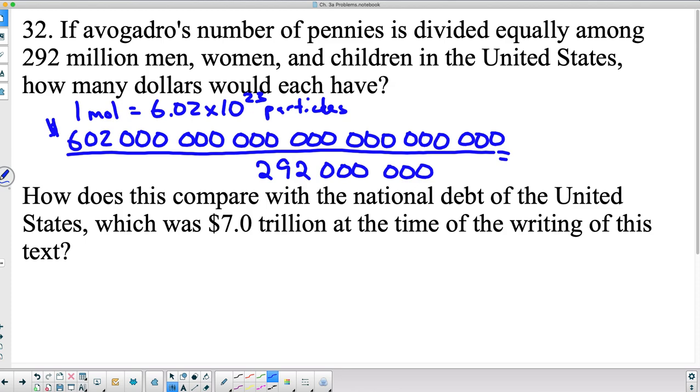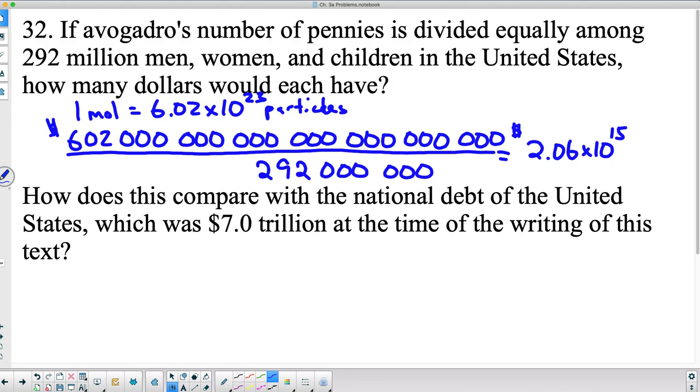I got 2.06 times 10 to the 15. Each man, woman, and child would have that number of dollars.